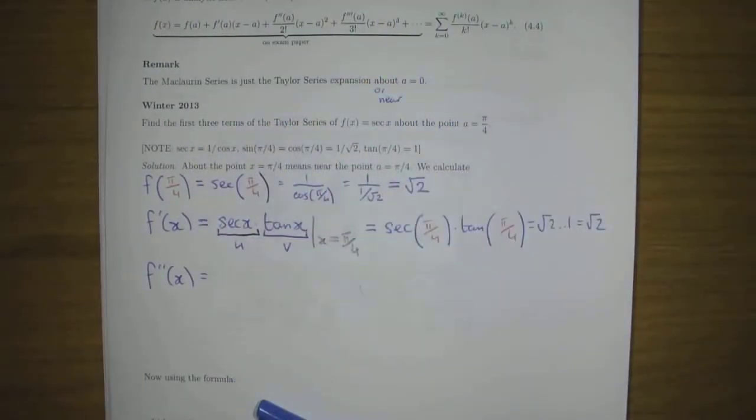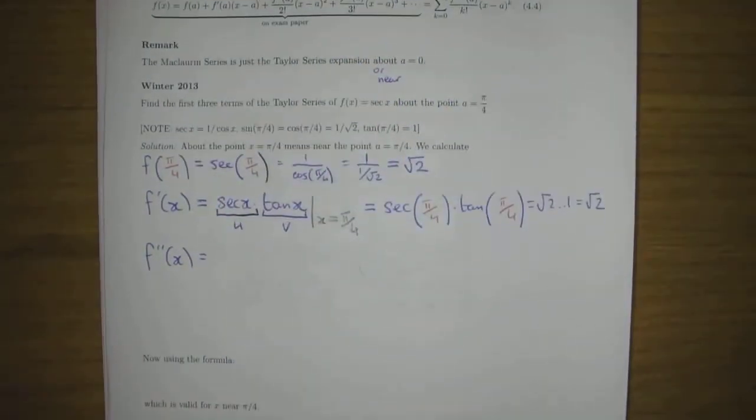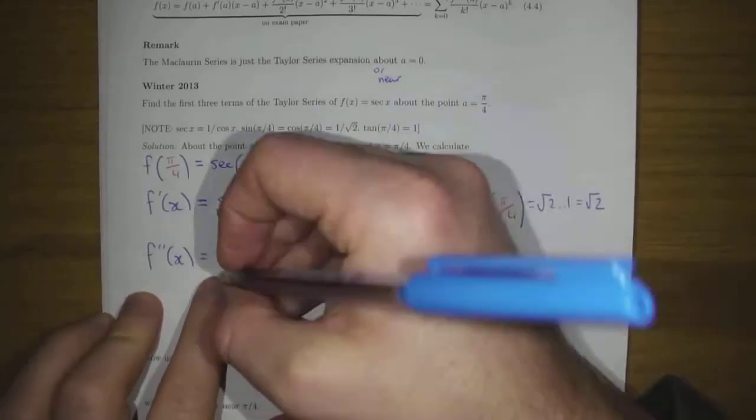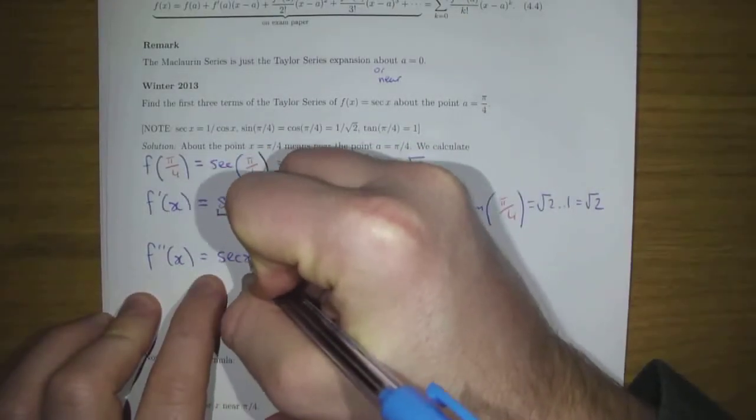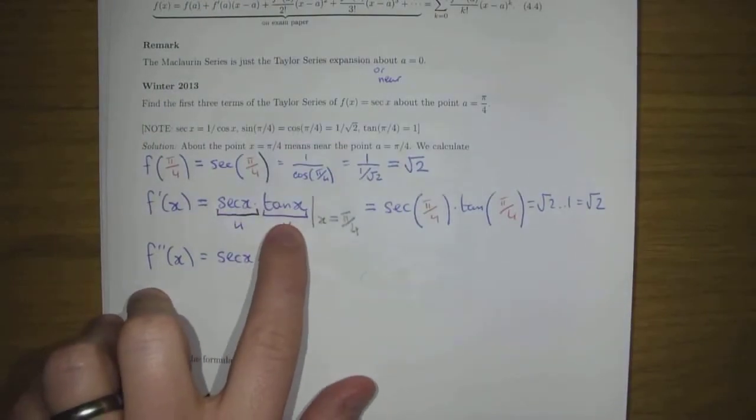Probably have space to show off a product rule here if maybe you're a bit lost earlier. So the product rule formula says when you differentiate a product, you do the first thing, which is sec of x, times the derivative of the second thing.